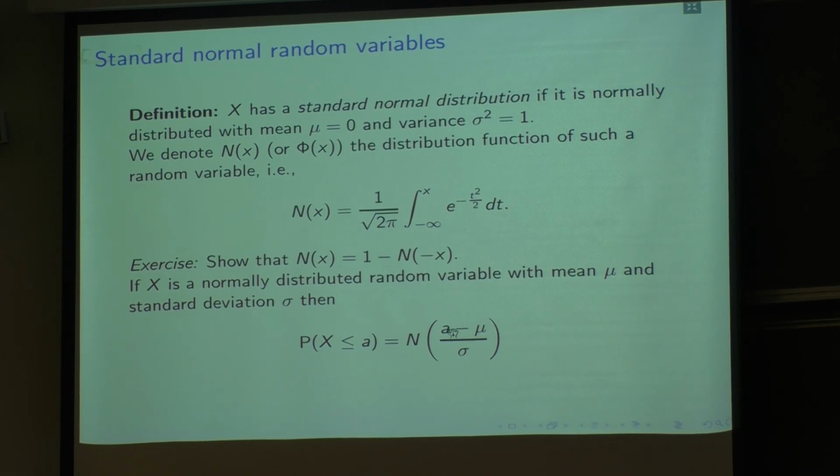So you want to know the probability of your normally distributed random variable being less or equal to A. You take that A, you subtract the mean of X, and you divide by standard deviation, and then you go to the tables and look at the entry corresponding to that. So if you take n to be the distribution function of a standard normal random variable, then you can find the probability of any event for any normally distributed random variable, standard or not.